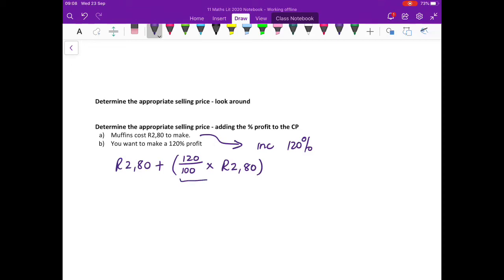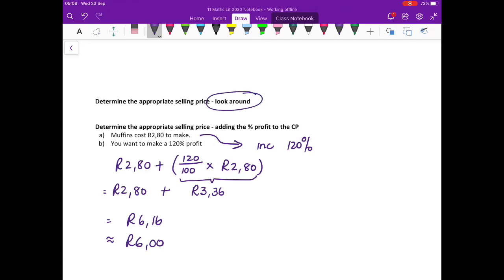If I calculate this, I get a total of R3.36 per muffin. That's how much profit I want to make. So what am I going to sell it for? I have to add it to the R2.80, and I will get a total of R6.16, which is an awkward number. Because we're making such a big profit, it would be a good idea to round it off to R6. And obviously you're going to compare that to the price once you've had a look around.